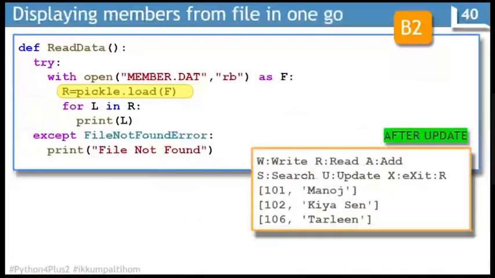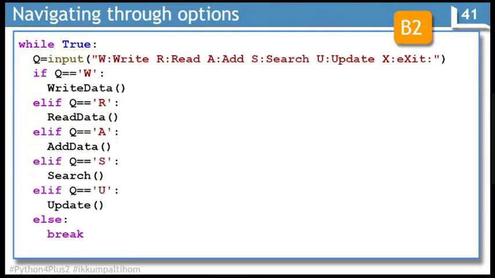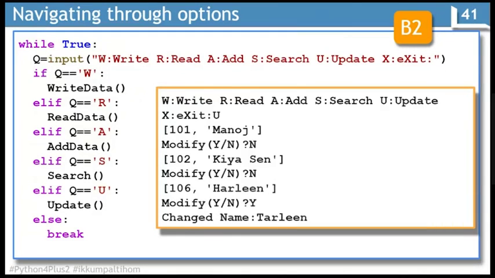So if you go to display function now, in display function, that modification you can see: 101 Manoj, 102 Kia Sen without any change. 106 is coming out with Darlene. So this is after update display. So this is what you can write as the menu. See, the same options displayed.